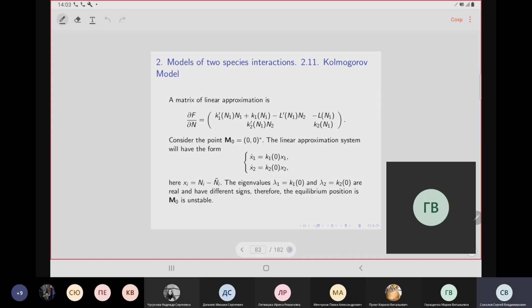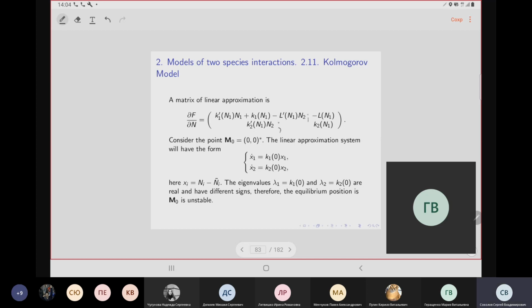So we can use the same linear approximation method. We calculate the Jacobian matrix of the right-hand side of the equation. So we just calculate the derivative of f by n, and then we apply the coordinates of our equilibriums to this matrix.